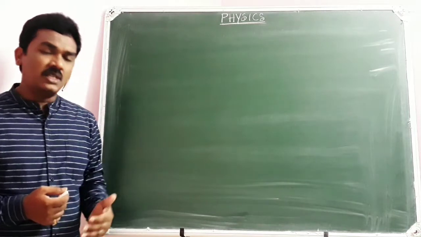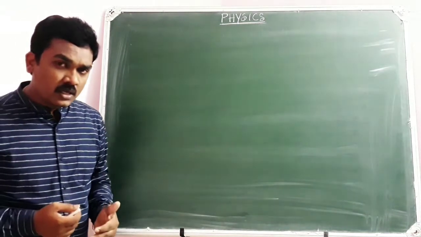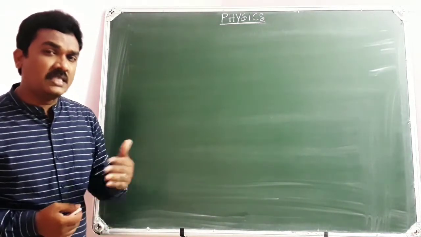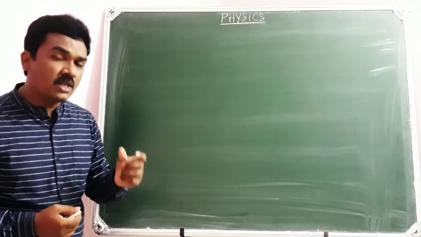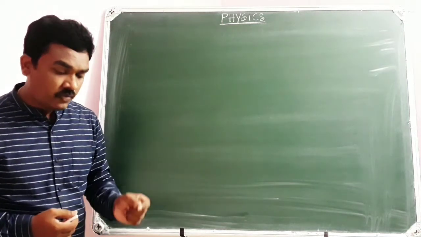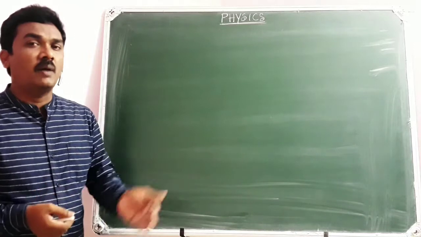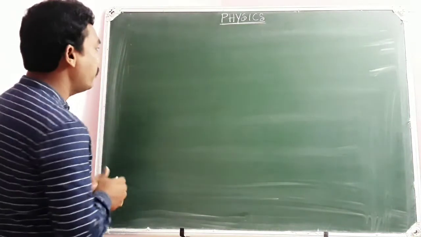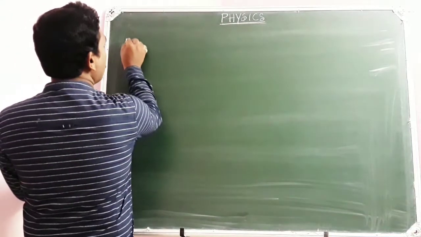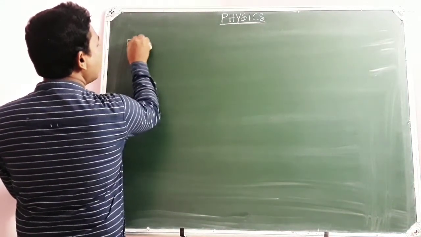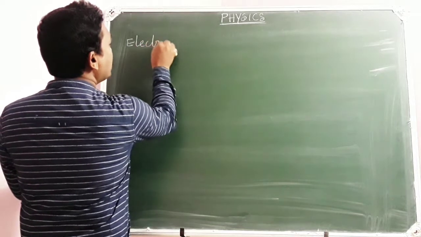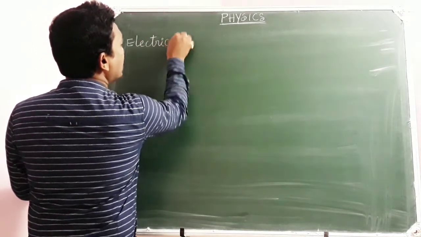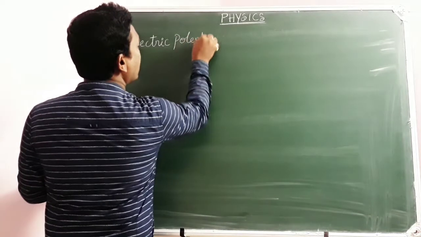Now here, the strength of the electric field can be assessed using a physical quantity called electric field intensity. Apart from that, there is another physical quantity that explains the strength of the electric field at a point, and that physical quantity is electric potential.